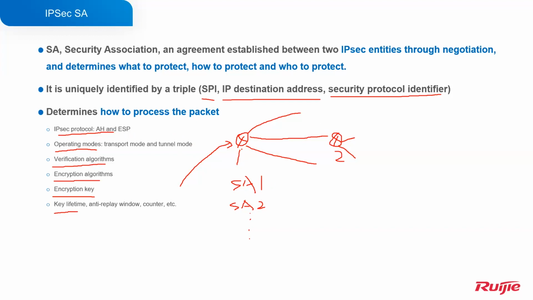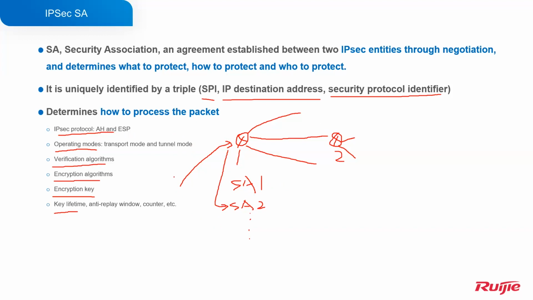So in one router, maybe you will find a lot of SAs. And if we establish the SA successfully, then when we receive a message, I will check which one it belongs to. For example, I will choose the second SA.